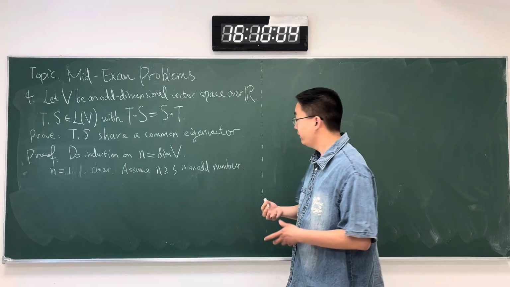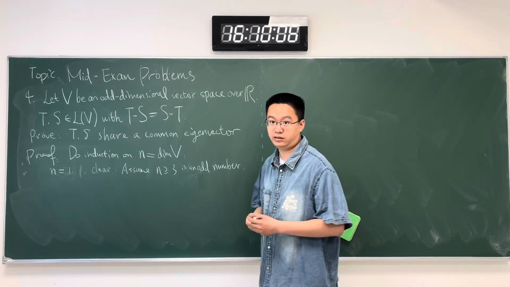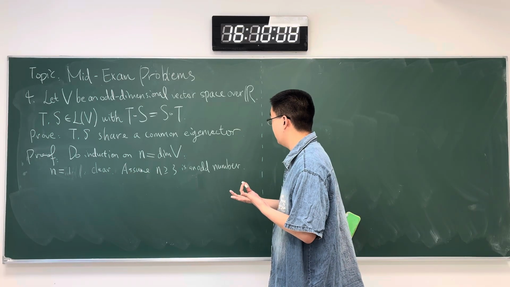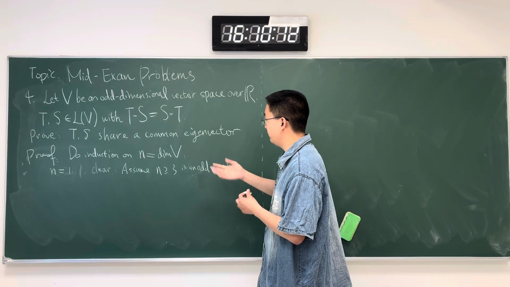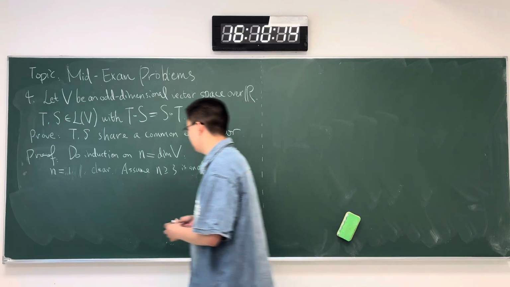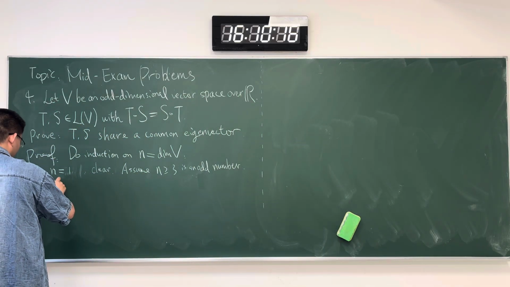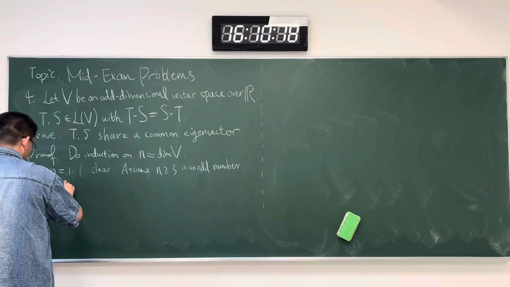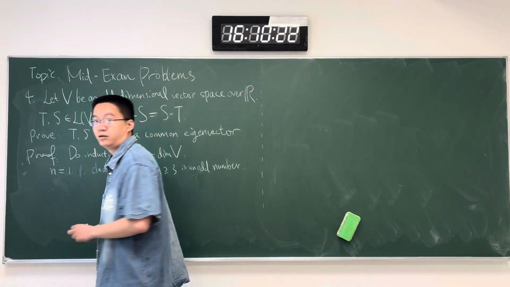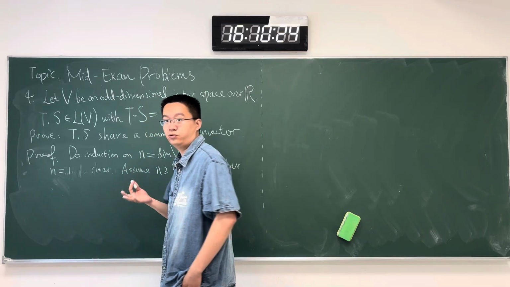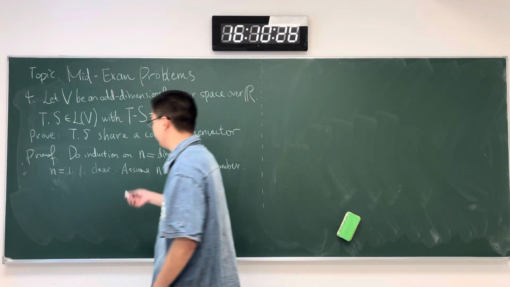So the main idea is to find invariant subspaces, both invariant under T and S. To do this, we need to consider some trivial cases first.